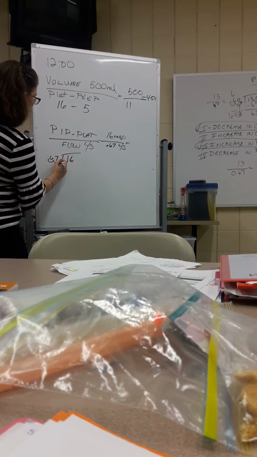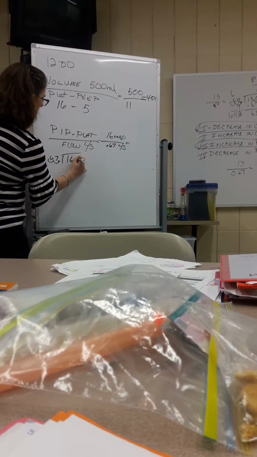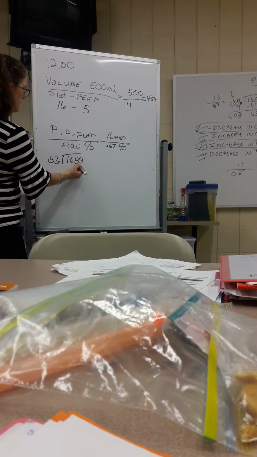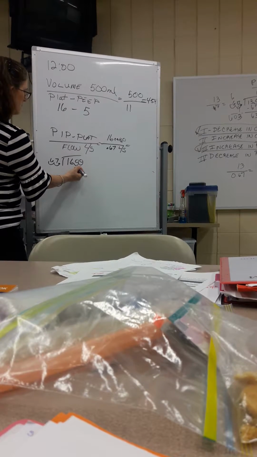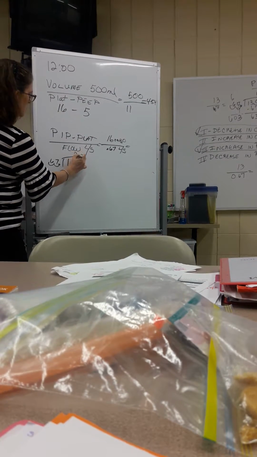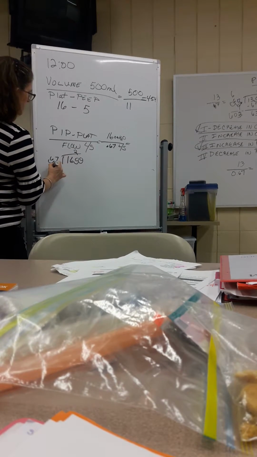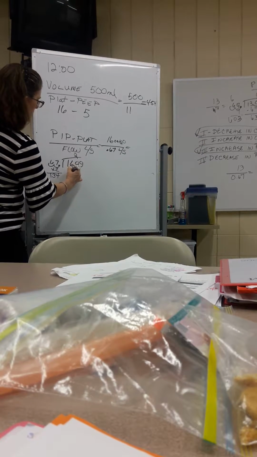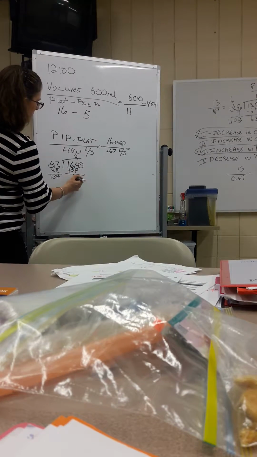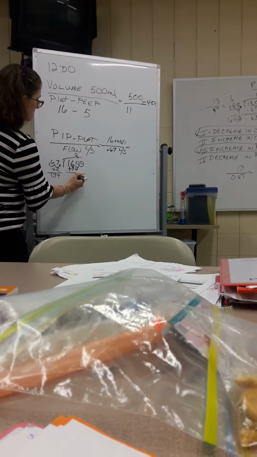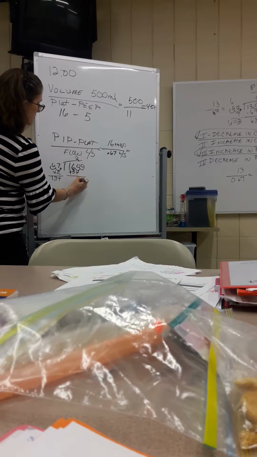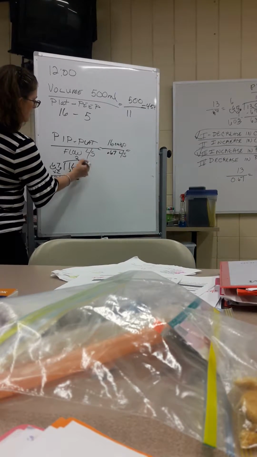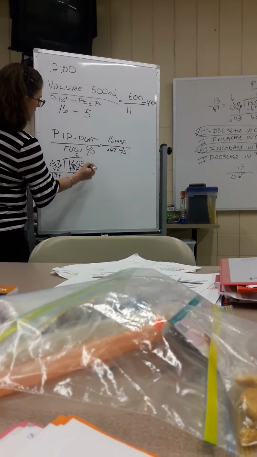I'll move my decimal 2 places. 67 goes into 160 twice. 2 times 67 is 134. So I have how many left? 26. I'm going to bring down the other 0 that was there.